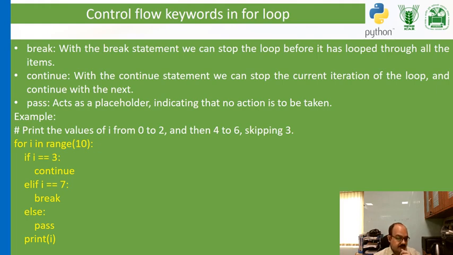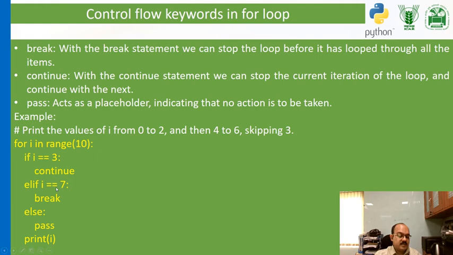So in this example, we print the values of i from 0 to 2 and then 4 to 6 skipping 3. So we write like for i in range 10, that means it would start from 0 incremented by default with 1. If i is equal to 3, continue, that means it will skip the rest of this iteration when the value of i is 3.